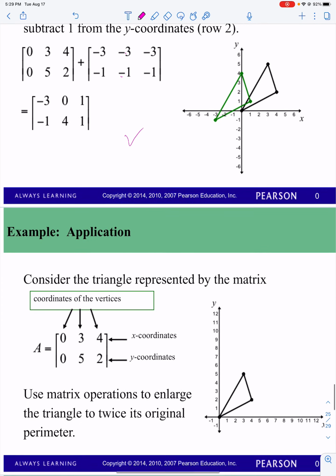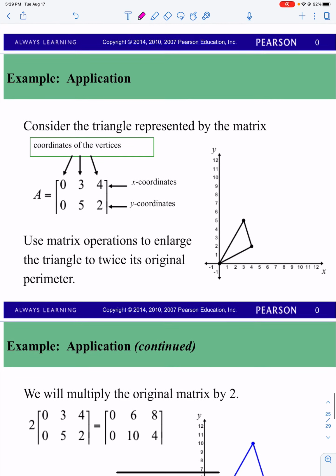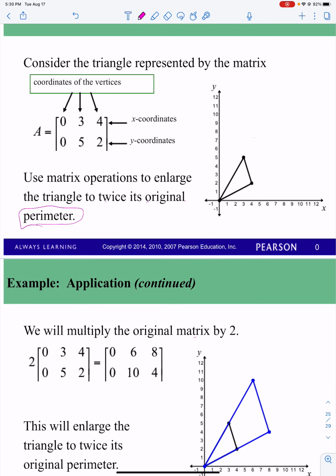Good. Okay, so we consider the same matrix. We want to multiply the matrix to enlarge the triangle to twice its original perimeter. Twice the original perimeter means each side is doubled. So what should we do here?